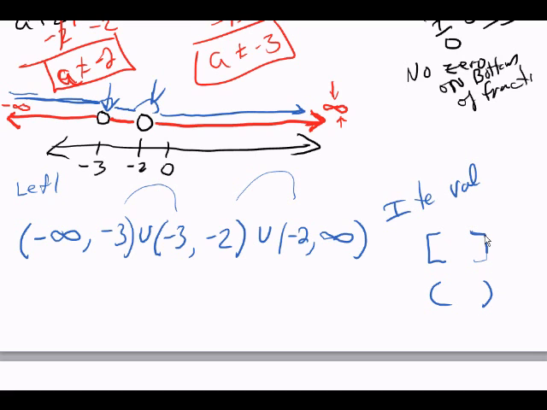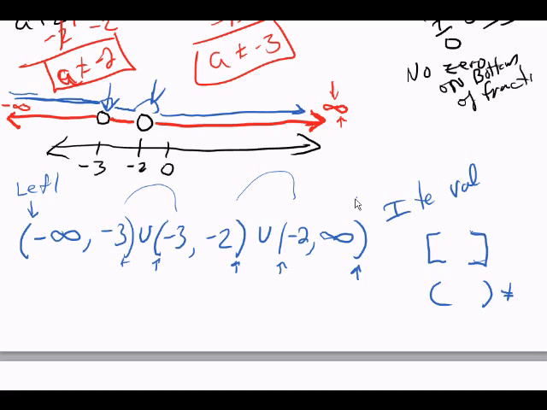Now, I just want to be careful that you know the difference between brackets and parentheses in interval notation. Do you know the difference between a bracket and a parentheses? I use all parentheses. Parentheses in interval notation mean it does not equal the number.